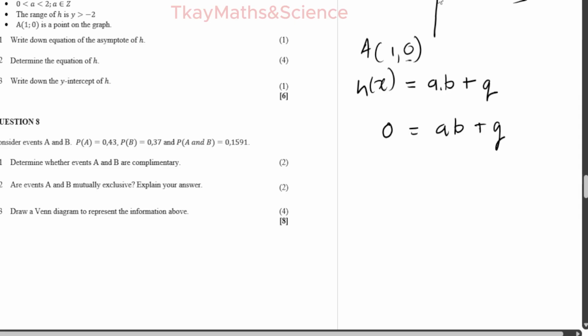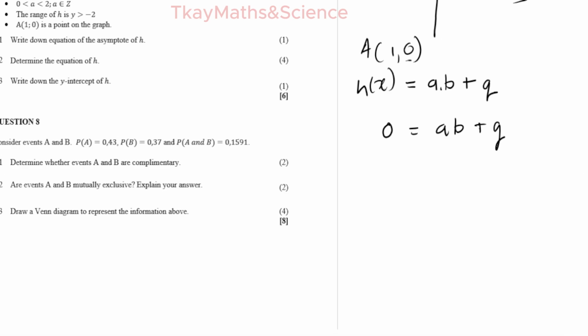So this graph is shifted 2 units in the negative direction. Originally, the range of h without this Q is from 0 to infinity. Now, because it's been translated, the range is different: it's not 0, it's -2, so we shift 2 units down.